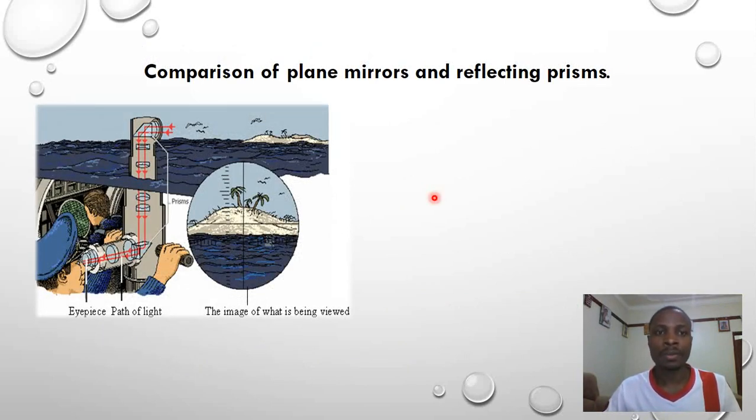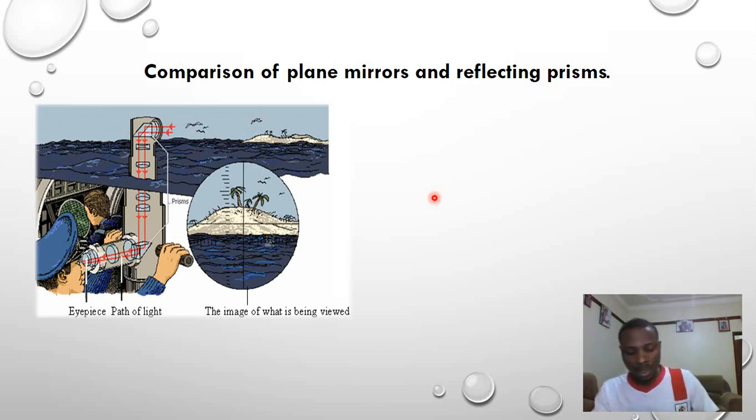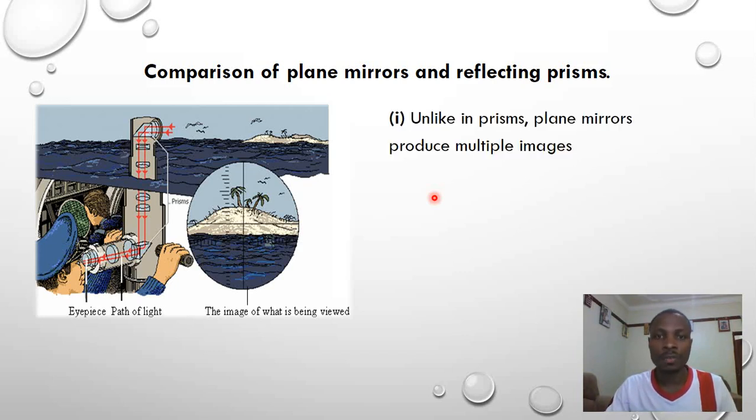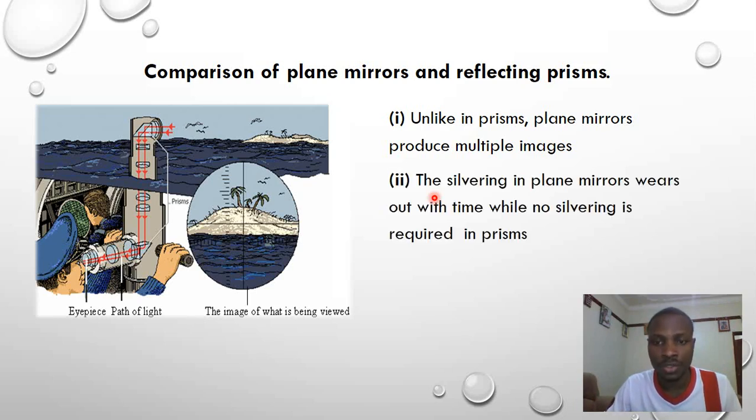The first comparison is that, unlike prisms, plane mirrors form multiple images. Another comparison is that the silvering in plane mirrors wears out, while there is no need for silvering in prisms.